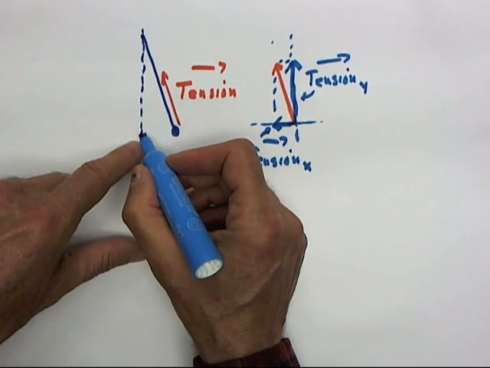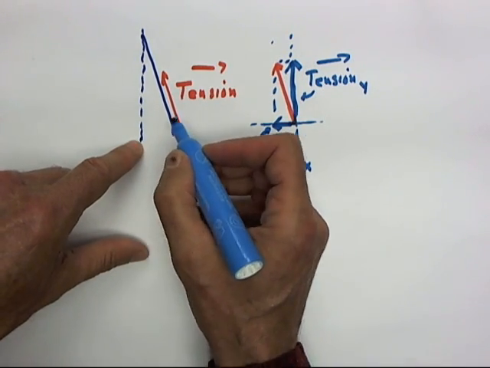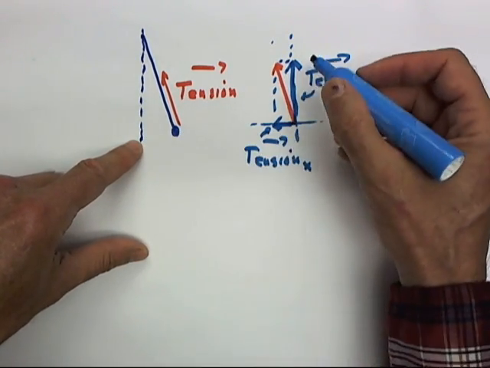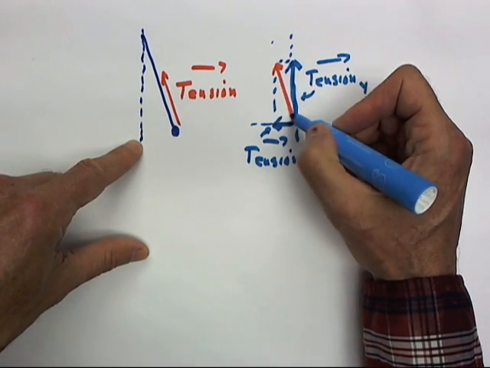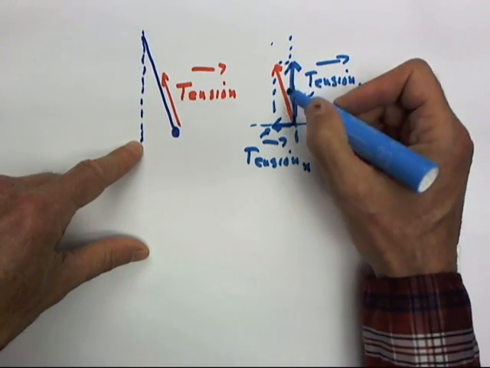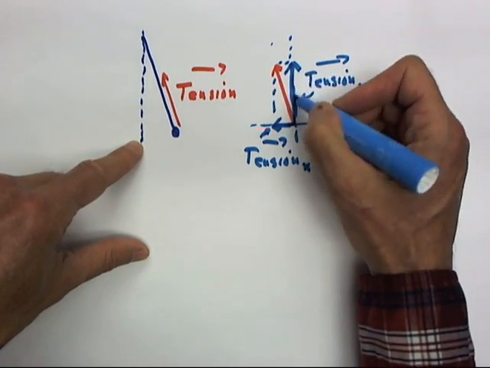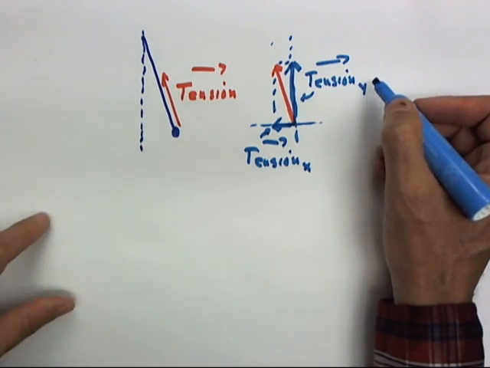If the displacement of the pendulum from the equilibrium position is small, then there's not much difference between the magnitude of the tension in the string and how much tension there is in the y direction.